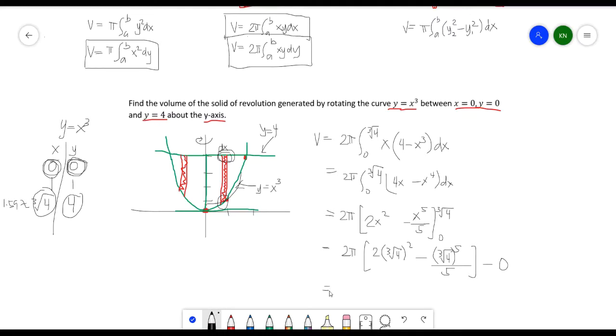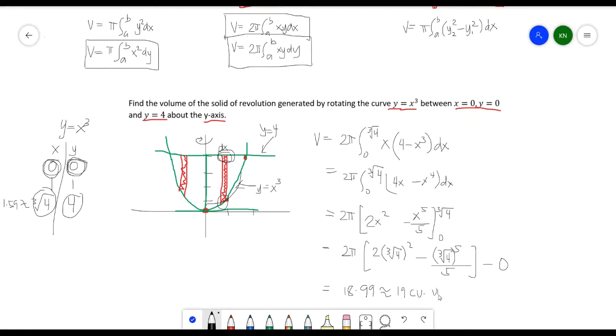If you calculate this one, this will also result in 18.99, which is approximately equal to 19 cubic units.